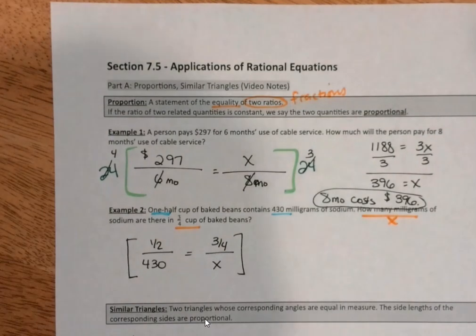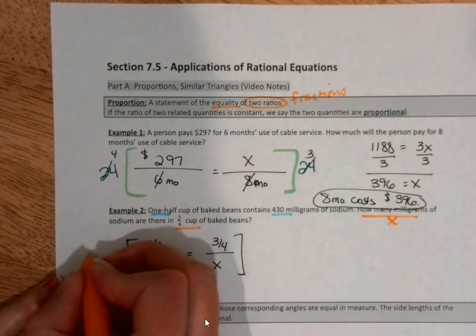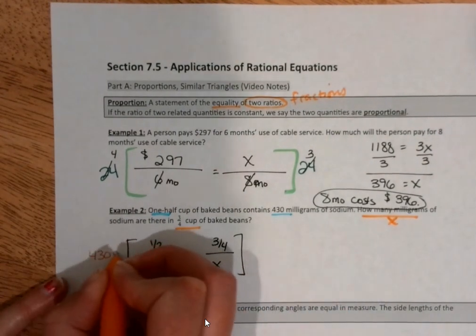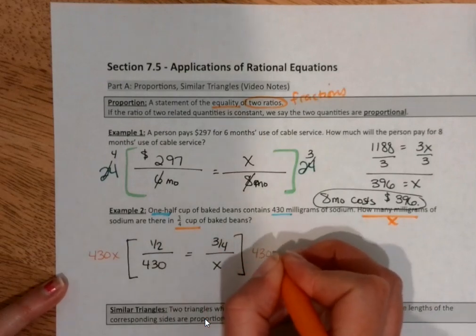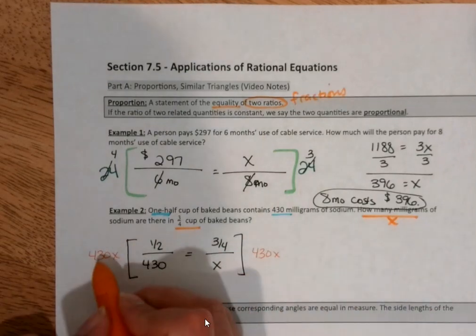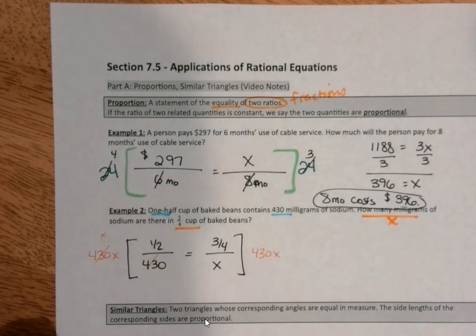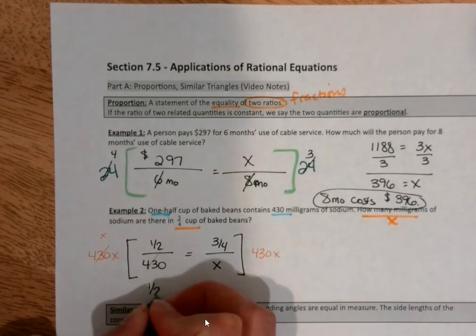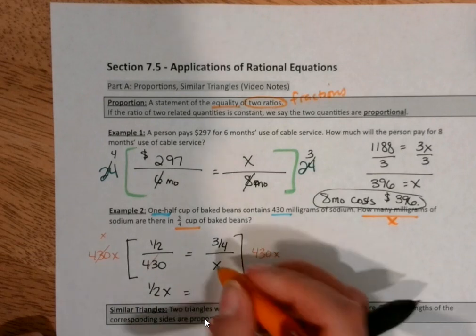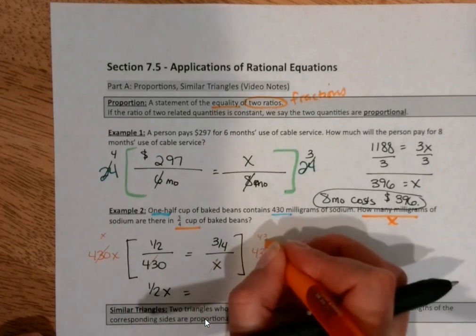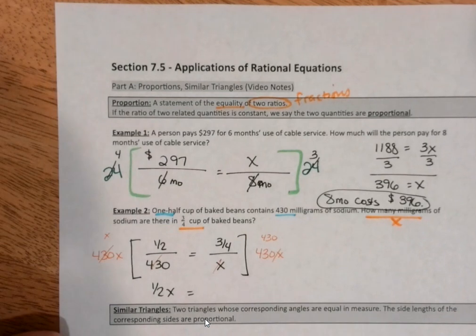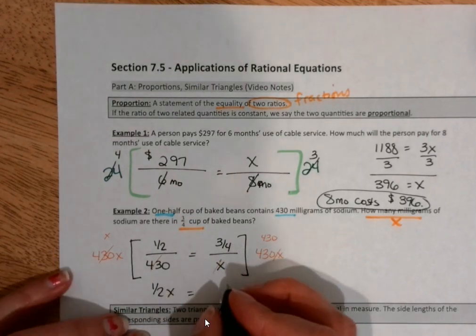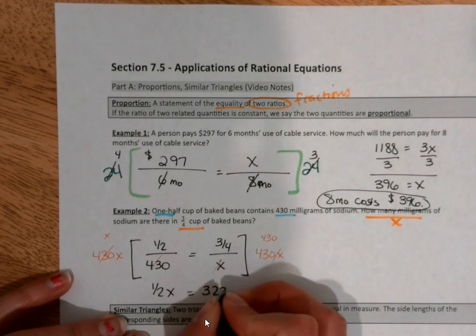Okay. This time our common denominator, since we have 430 and x in the bottom, is 430x. We're going to multiply both sides by 430x. Here, 430 cancels, gives me just x. So I would have 1/2 x equals, on the other side, x's cancel, and I have 430 times 3/4. I think 430 times 3/4 is 322.5.